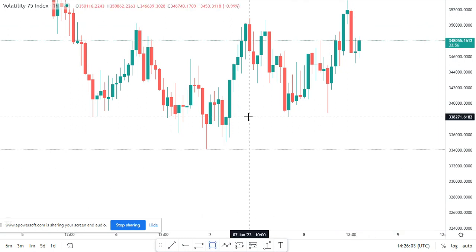This is a fair value gap from this candlestick up to this.